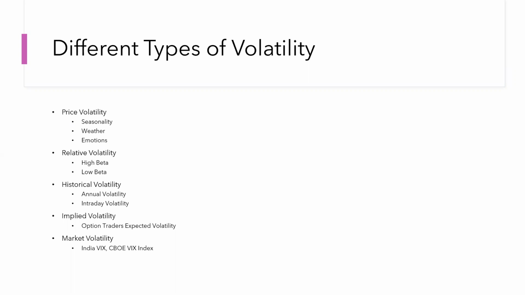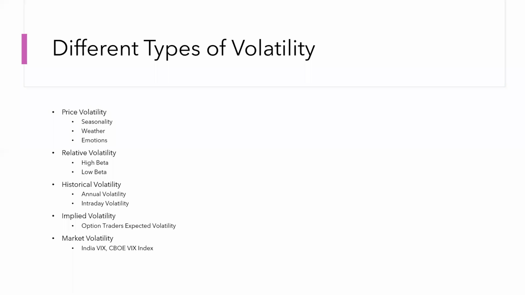And there are times when the market is driven by emotions, like COVID fears. What we are experiencing right now is emotion-based volatility. And then there are various other measures. Relative volatility is where we compare one stock's volatility with another's, for example high beta stocks and low beta stocks.